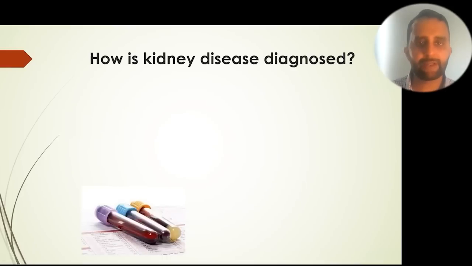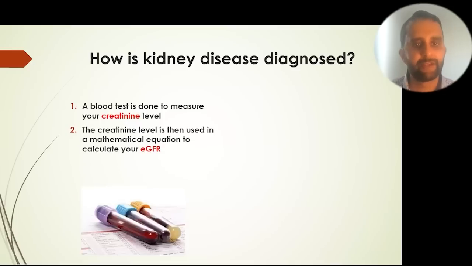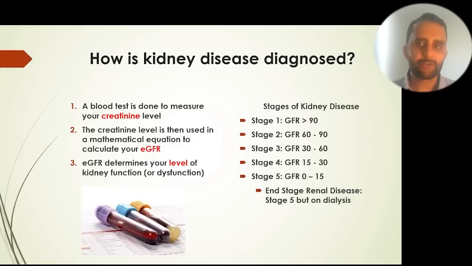How is kidney disease diagnosed? A blood test is done to measure your creatinine level. The creatinine level is then used in a mathematical equation to calculate your eGFR. The eGFR determines your level of kidney function or kidney dysfunction. The eGFR stands for the estimated glomerular filtration rate, and that number generally falls into one of 5 categories.